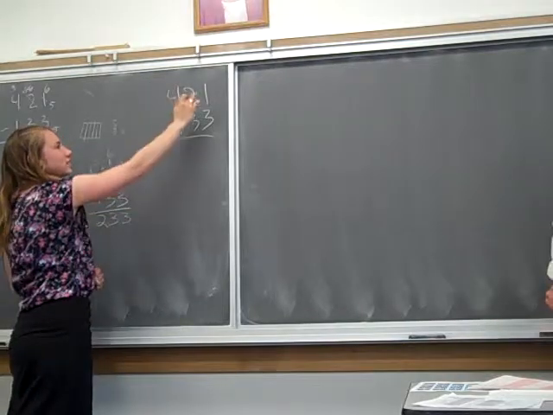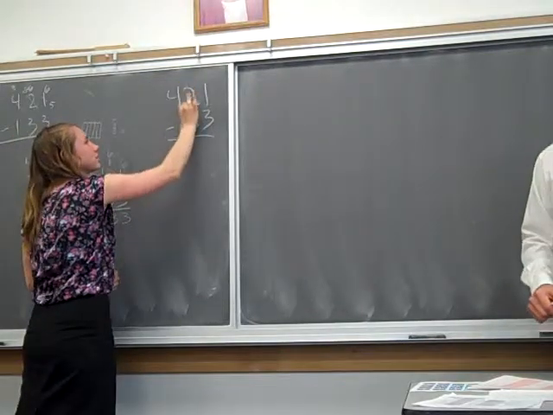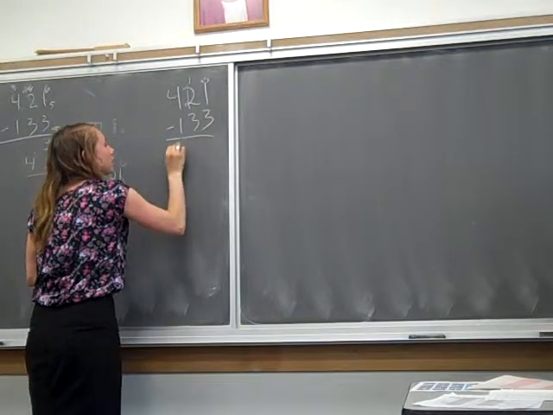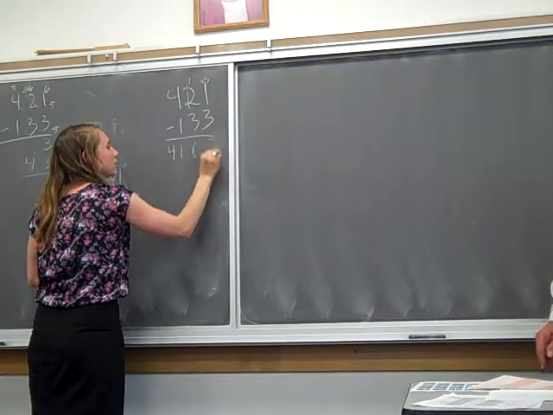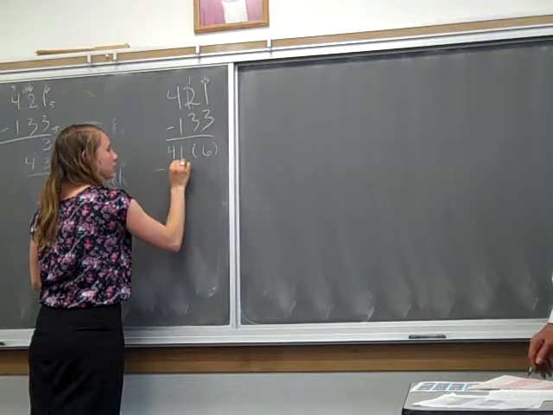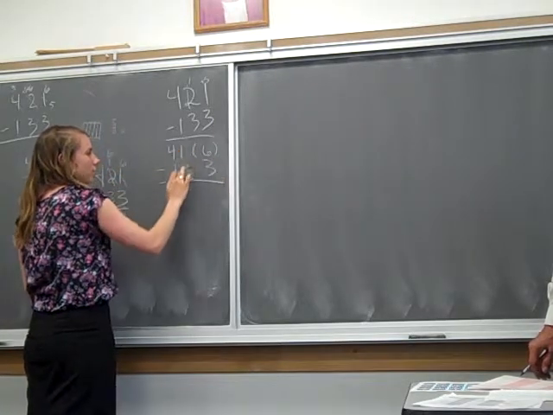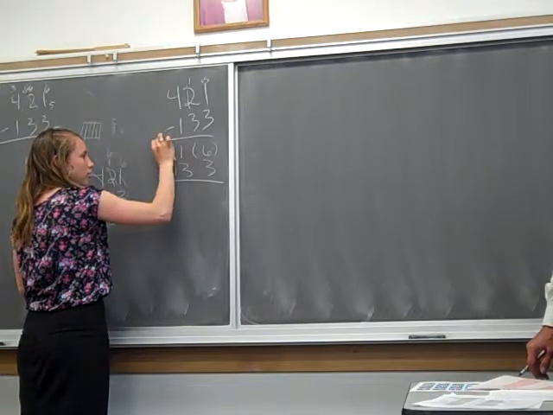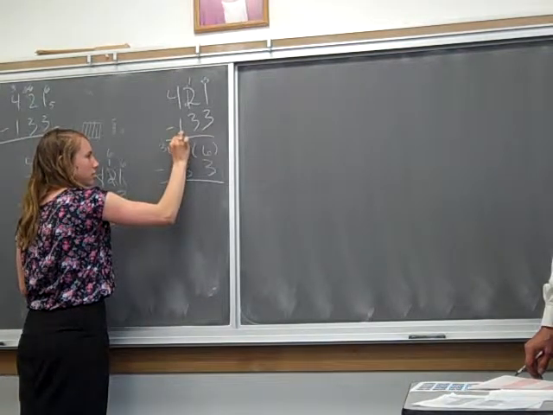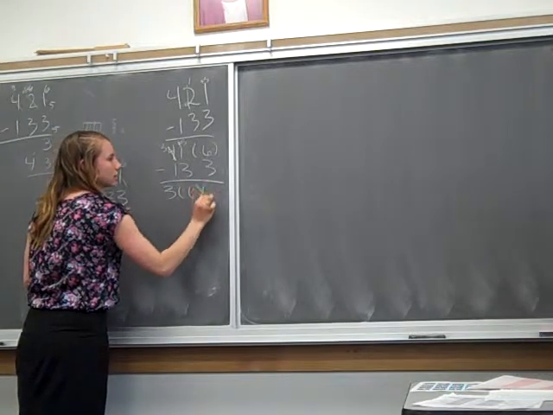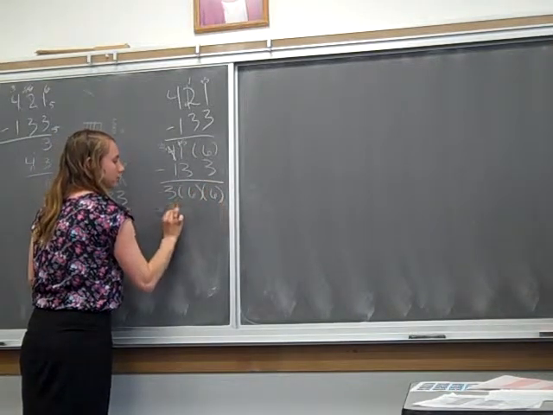Okay, so we can't take the 3 from the 1, so we just borrow from here, and I just do the +5. So it'd just be 6 minus 133. And then I can't take the 3 from the 1 again, so we just borrow from this again, and I just put +5. So it'll be 5, 6, 6.